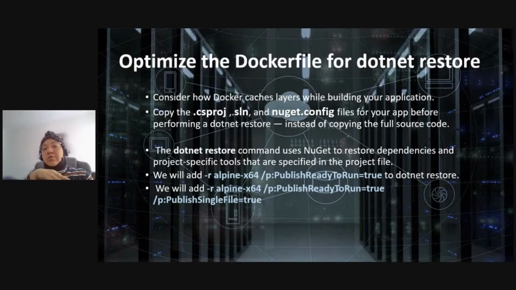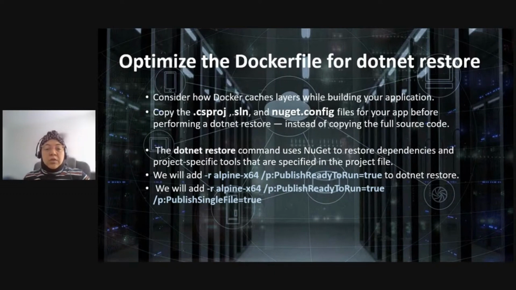A common way to leverage the build cache is to copy only the .csproj, .sln, and NuGet config files for your app before performing a .NET restore, instead of copying the full source code. The NuGet package restore can be one of the slowest parts of the build, and it only depends on these files. By copying them first, Docker can cache the restore result. For example, you don't need to run it again just to change a .cs file.